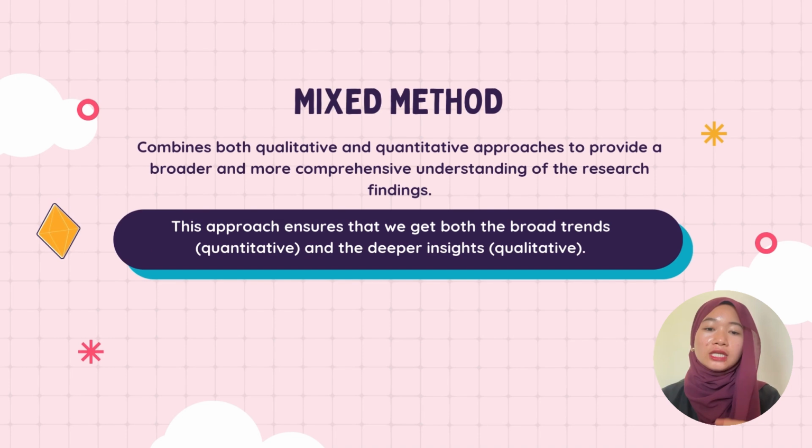So this approach ensures that we get both the broad trends, quantitative, and the deeper insights, which is qualitative. So by carefully selecting and applying the right analysis techniques, we ensure our findings are accurate, reliable, and meaningful.